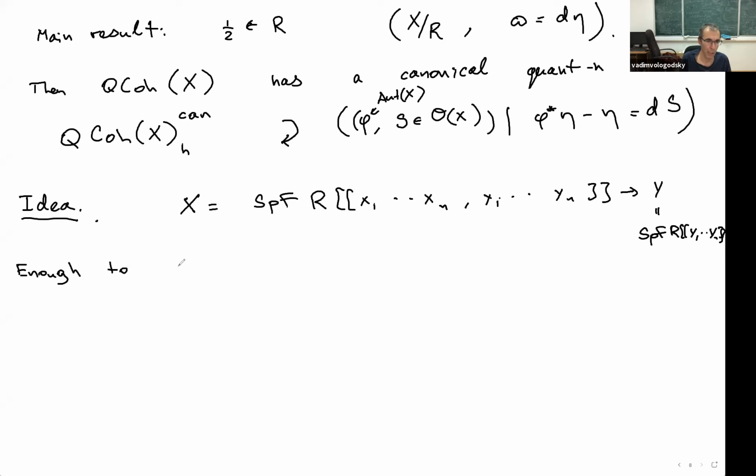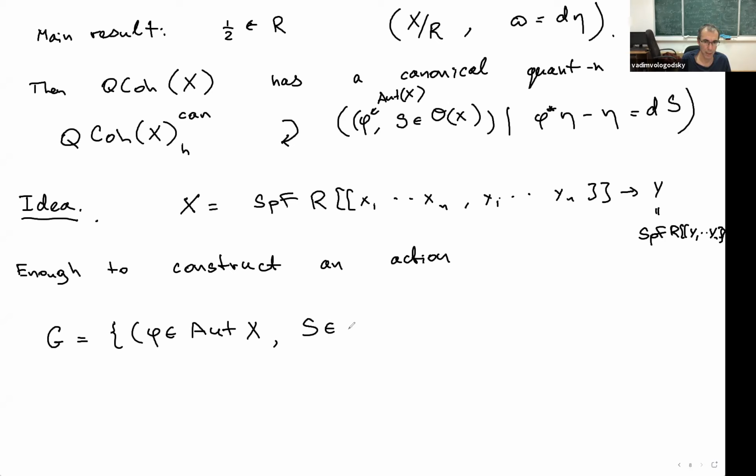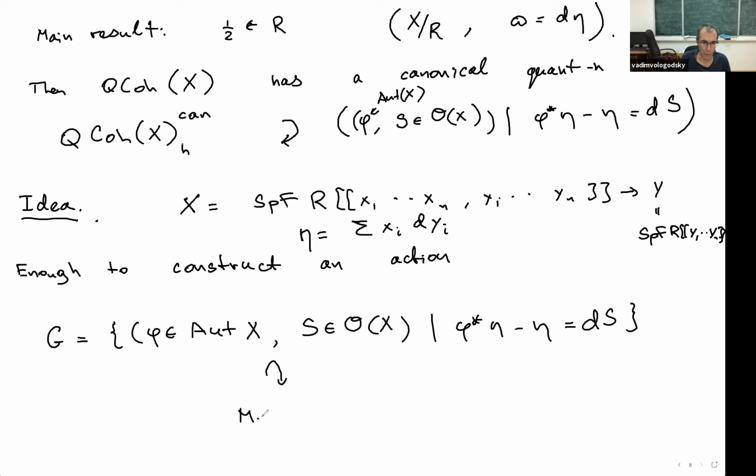It's enough to construct an action of the group G, which is again the group of all pairs phi, an automorphism of X, and s, a function, such that phi upper star eta minus eta is equal to ds, and eta here is the sum of xi dyi, on the category of modules over the quantization.